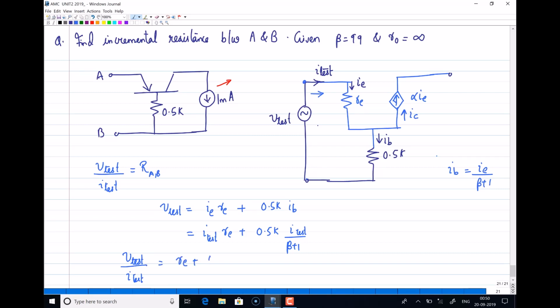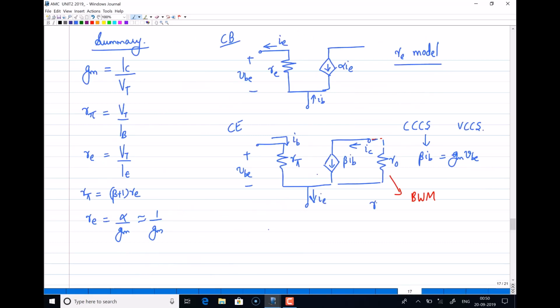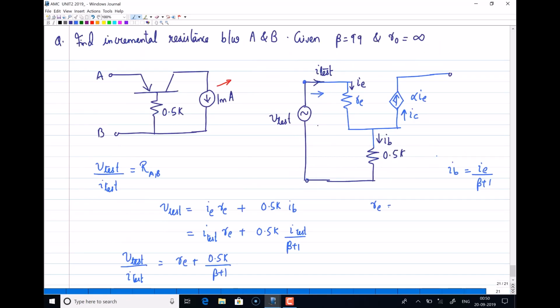So what is RE? RE is equal to VT by IE. IC is given as 1 milliamp, beta as 99. So I can find IE from alpha, which will be approximately 1 milli.